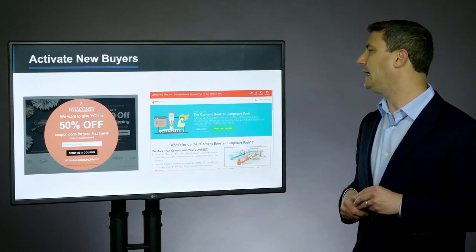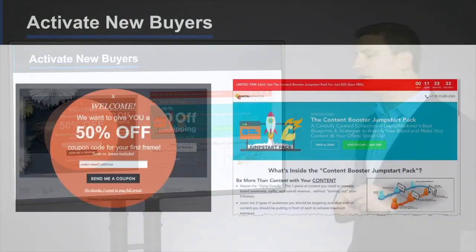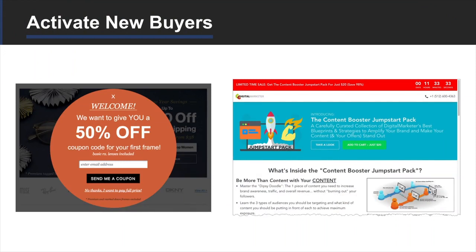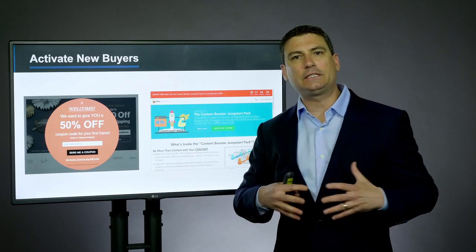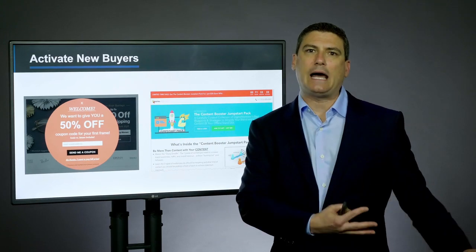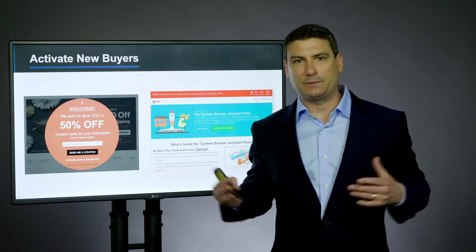Look here on the right side, we've got a little information product at Digital Marketer called the Content Booster Jumpstart Pack. You can see it's just a little $20 product. What you're going to see at this convert stage is most of the offers are lower dollar. They're not super expensive.